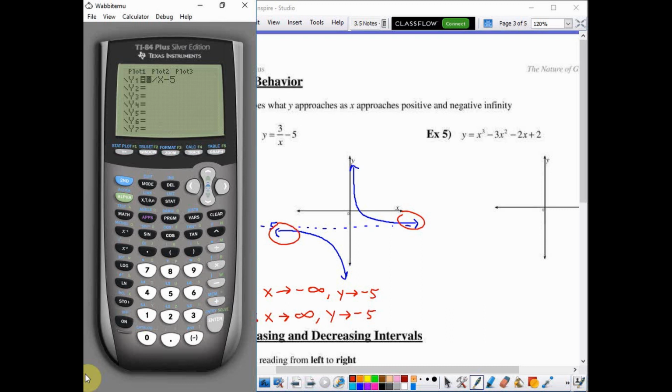We'll go ahead and graph our second function, x cubed minus 3x squared minus 2x plus 2.